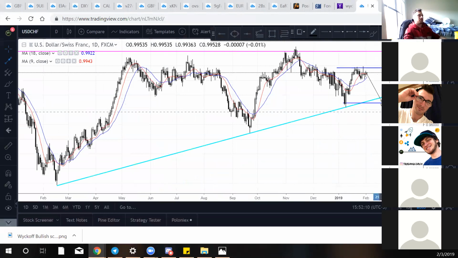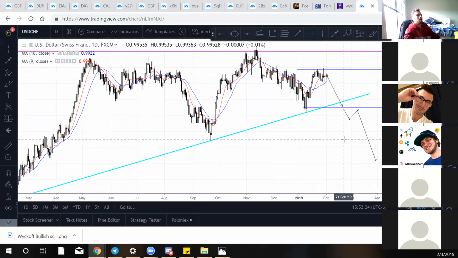That's what I want to see: us break it, come back, and retest. And once we see that retest, we're going to go ahead and sell it again to 94. So longer term, that's what I'm looking for.